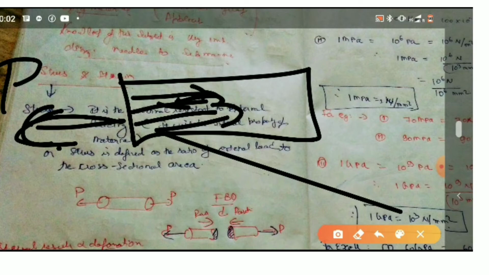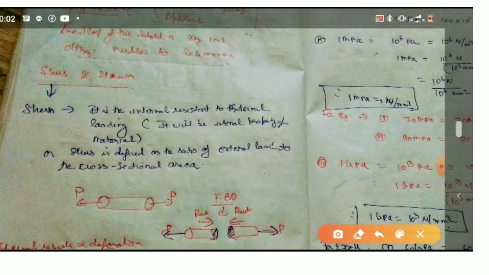When the internal resistance equals the external load, the deformation stops. So internal resistance is directly proportional to deformation. Here I have shown it on the body P, A, B.